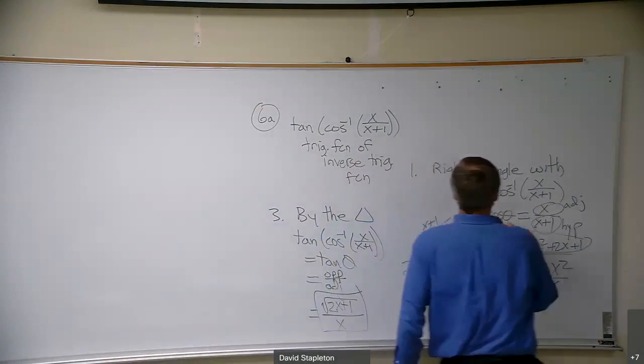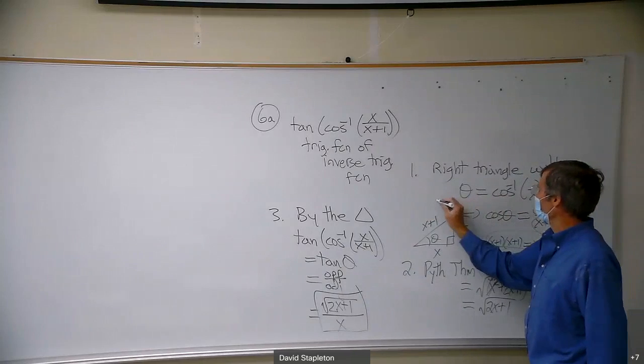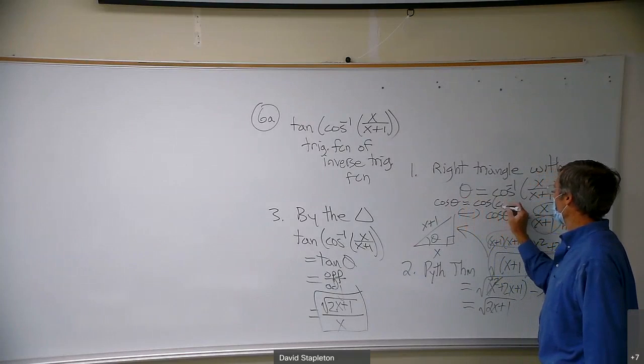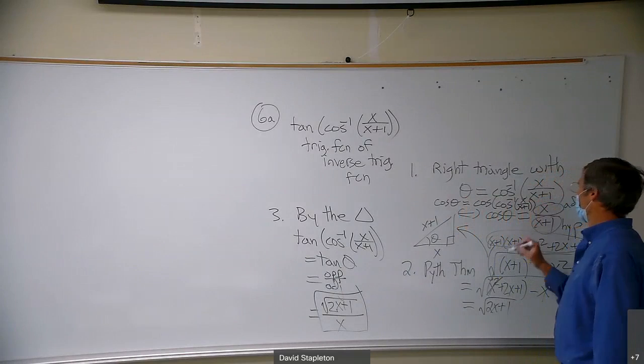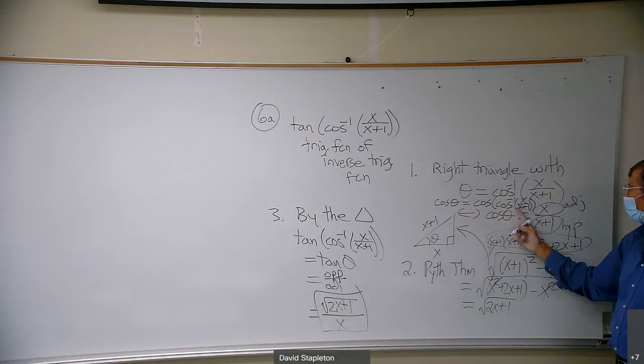The idea is you just take the cosine of each side. If theta is equal to the inverse cosine, then the cosine of theta must be equal to the cosine of the inverse cosine of x over x plus 1. So if these two are equal, then their cosines are equal.